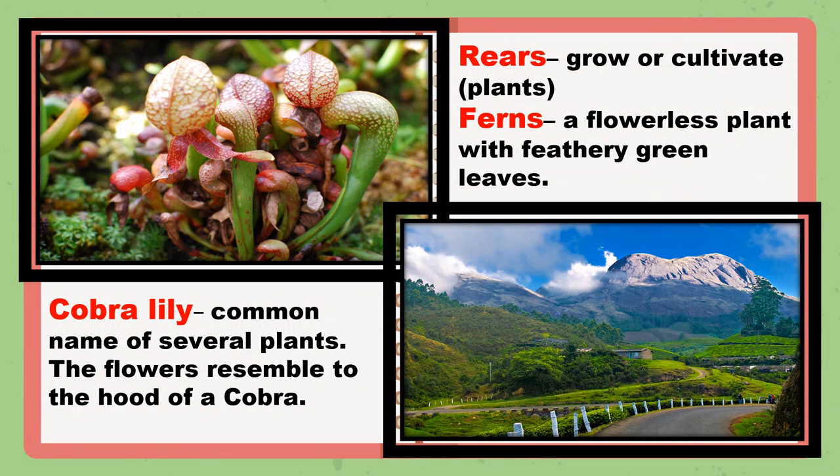And the next word is rears, grow or cultivate plants, and ferns, which are flowerless plants with feathery green leaves. And you might have seen the author has described how the hill station and valley look in one sentence, and the author was saying like a paradise.